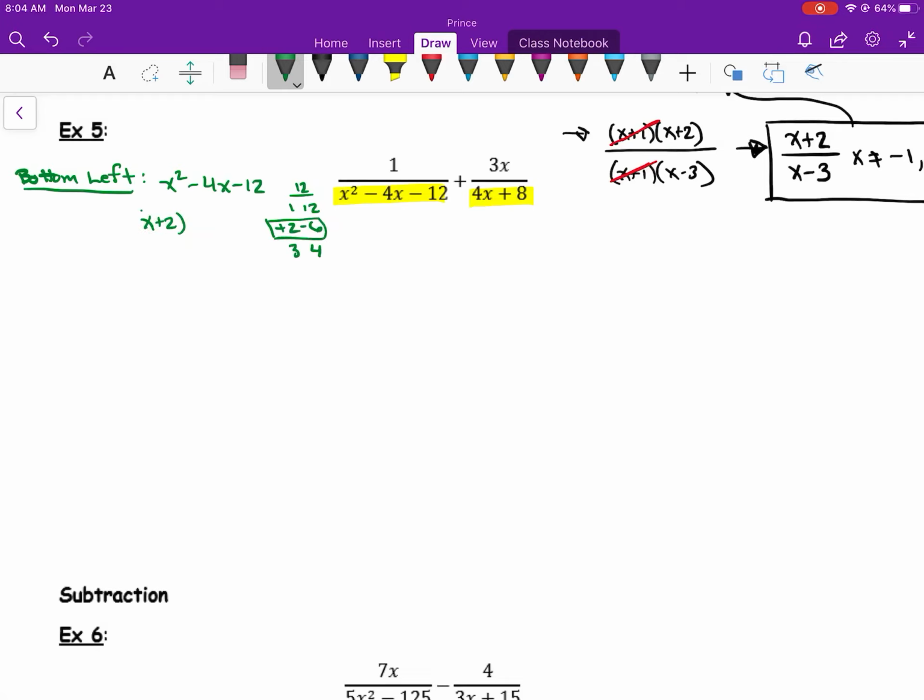So I get x plus 2, x minus 6. Bottom right, I have 4x plus 8. Greatest common factor is 4, so 4 times x plus 2. Factored forms.